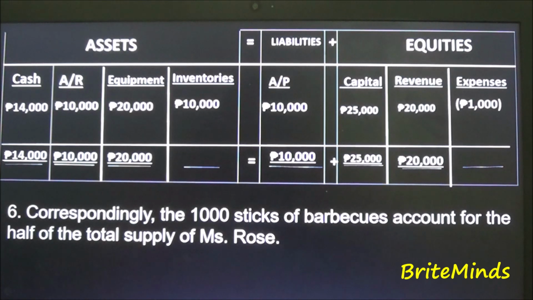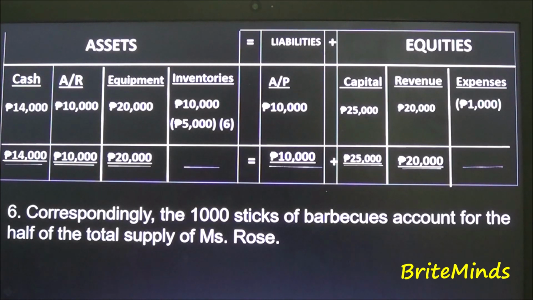What accounts will be affected by this transaction? It says half of the total supply. So half of 10,000 will be 5,000 pesos. It means only 5,000 pesos worth of inventories had been sold.